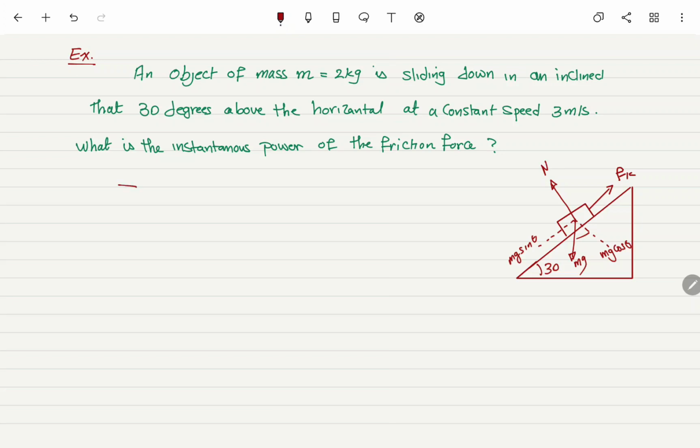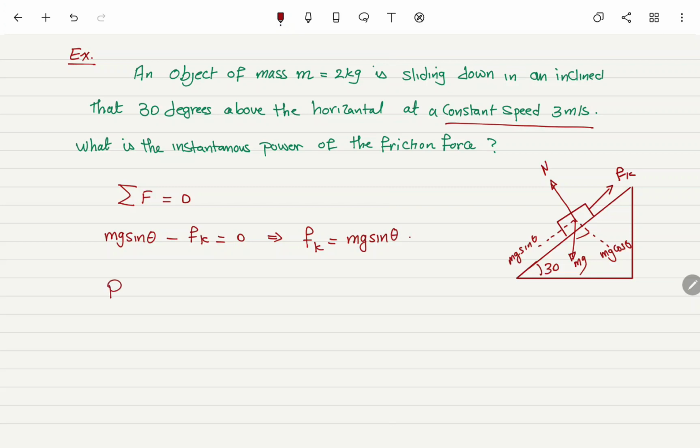So the sum of all forces equals, in this case, the object is moving with constant speed, so the sum of all forces equals 0. So mg sine theta minus fk equals 0, or in other words, fk here equals mg sine theta.